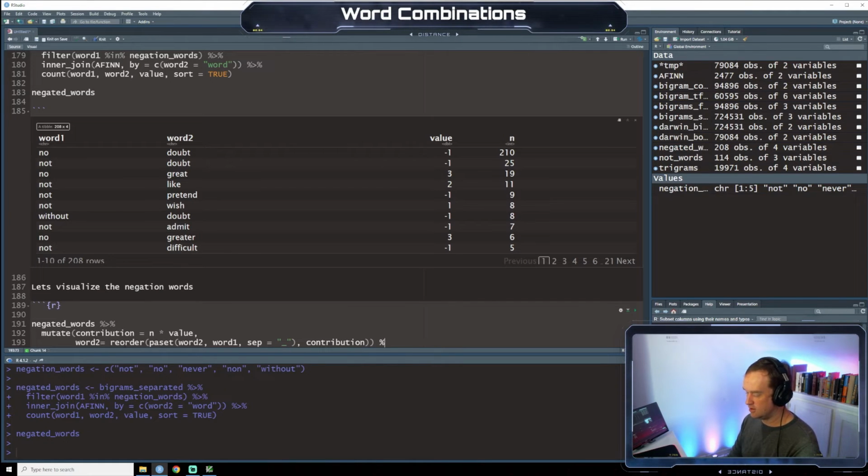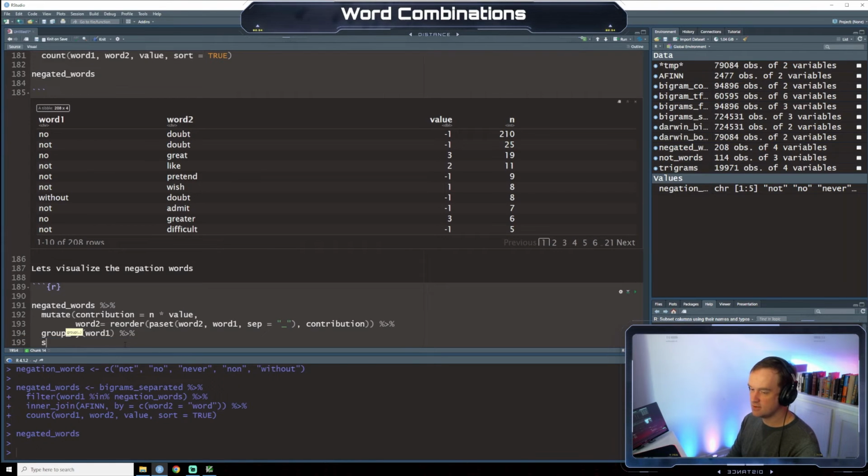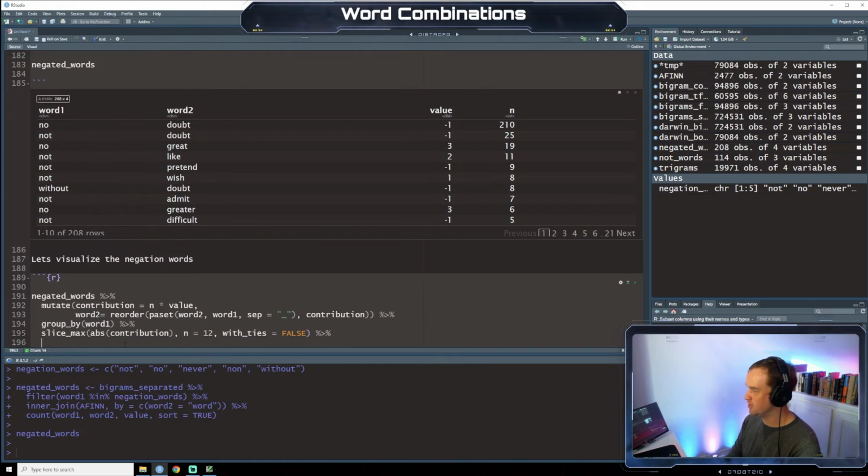Then pipe down, group by word 1, slice max, absolute contribution, n equals 12, with ties equals false, so we don't want to print ties, we just want 12, and I'll pick probably alphabetically after that.